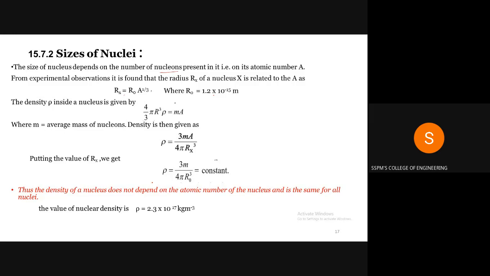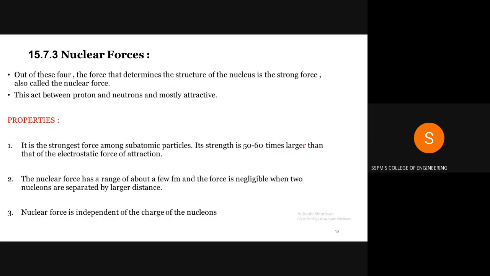Then the concept of nuclear forces. There are four different forces. Out of these four, the force that determines the structure of the nucleus is the strong force, also called nuclear force. This acts between proton and neutron and is mostly attractive.